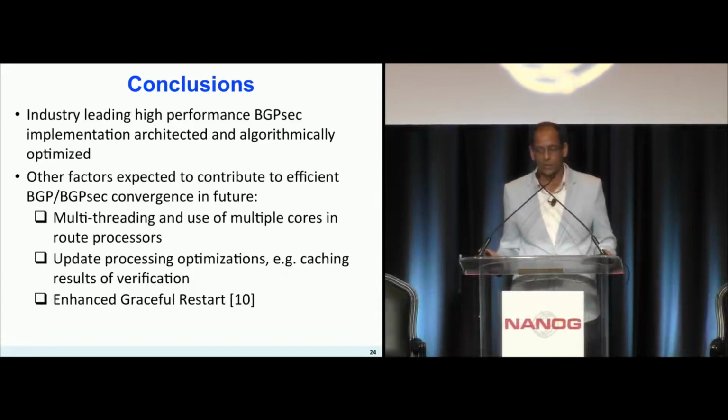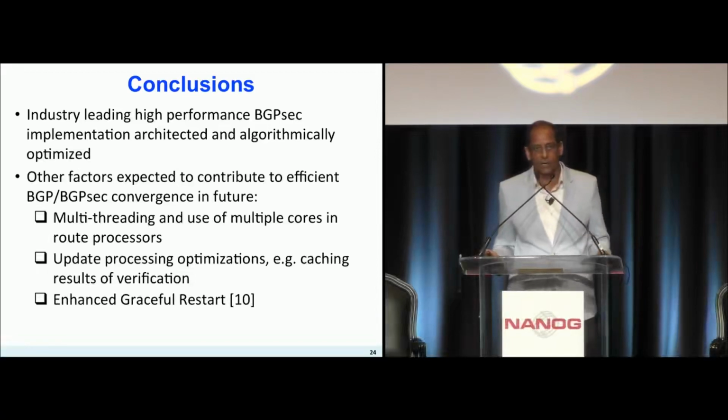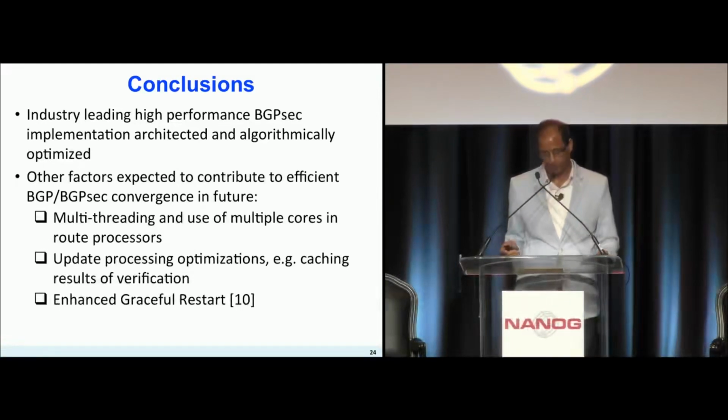Those could be multi-threading and use of multiple cores in route processors, update processing optimizations besides the optimizations that Mehmet has talked about. And those can include caching the results of verifications and enhanced graceful restart. There is a draft in the IDR on that, and that could help BGP as well as BGPsec in the future. Thank you.